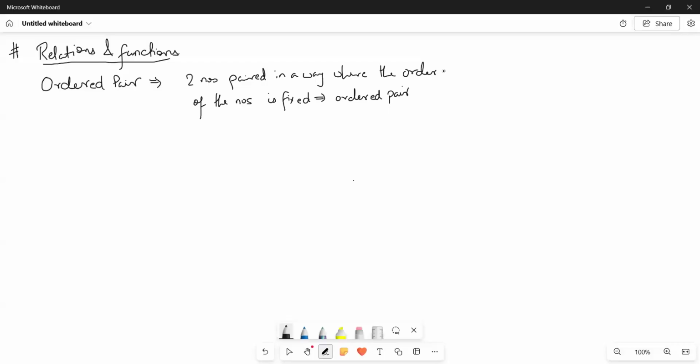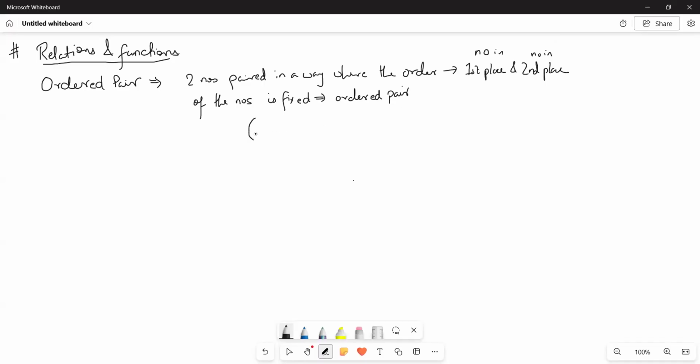Now, when we say that the order of the numbers is fixed, it implies that we know which number will appear in the first place, and which number will appear in the second place. Number in the first place and number in the second place, this is fixed. Right?